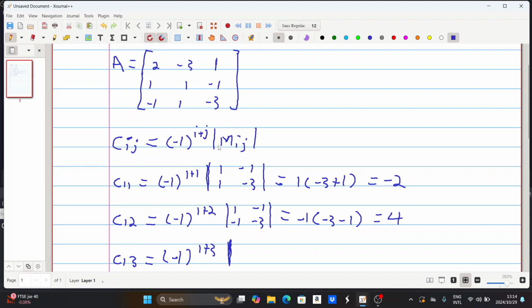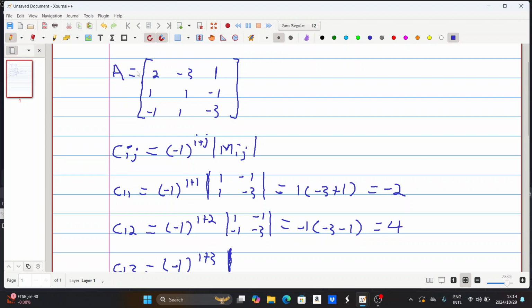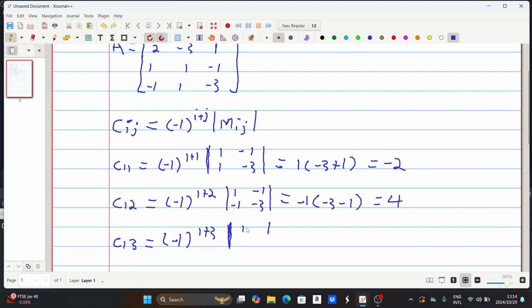Okay, so now we are on the third part. We're going to close here. We have 1, 1 minus 1 and 1 again. 1, 1 is the minor. Then we have minus 1 and 1. So minus 1 to the power 4 gives us positive 1.